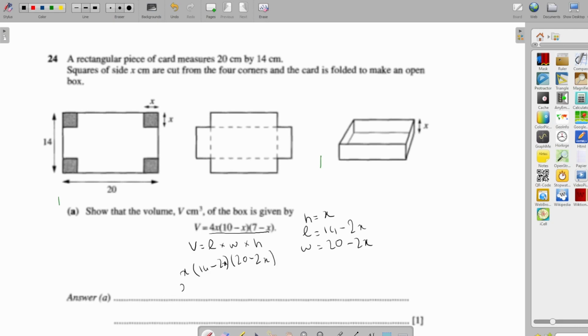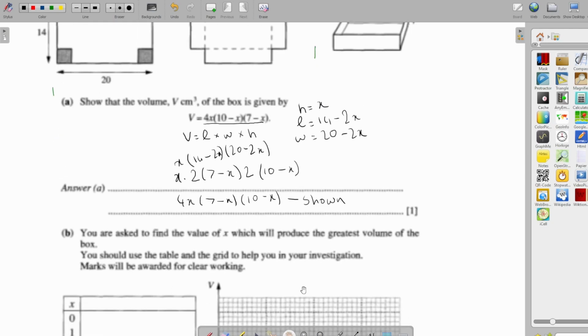And so we can take 2 common out of each, so we would do x into 2 into 7 minus x, and also 2 into 10 minus x. Then we multiply whatever's outside, so x into 2 into 2 would become 4x, and this would be 7 minus x and 10 minus x, which is exactly what's up there, except I flipped the 7 and the 10, but it doesn't matter. And so we can say shown.